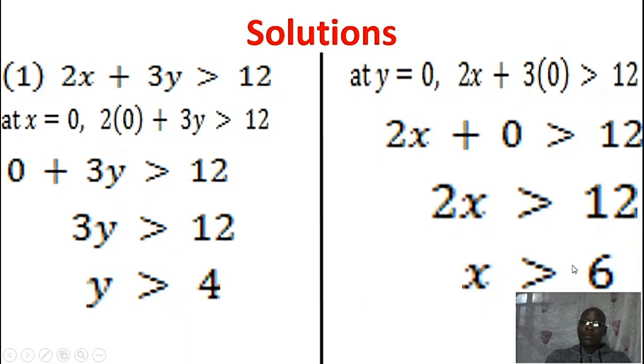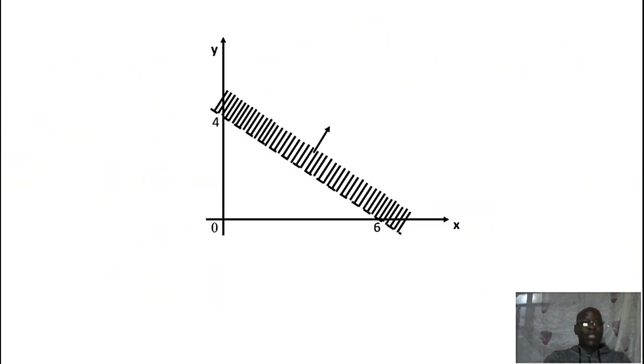Go to the y-axis, write 4. Go to the x-axis, write 6, but geometrically correct. So you can see it. On the x-axis we put 6, on the y-axis we put 4, but since it said that y is greater than 4, we stand here and go up. x is greater than 6, we stand here and go higher.